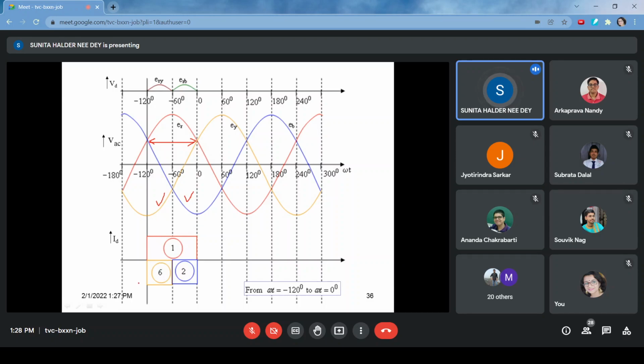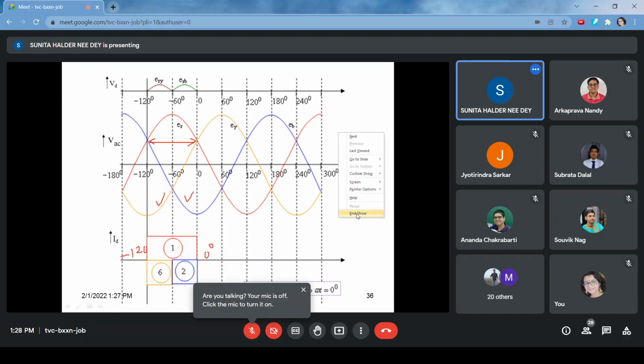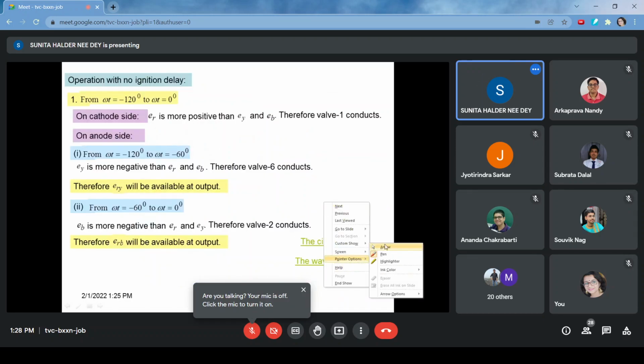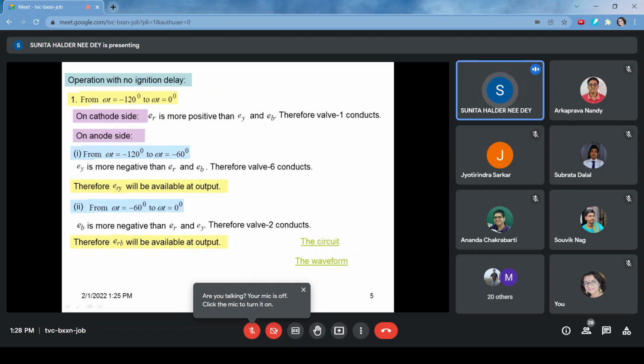So from minus 120 to minus 60, the yellow phase thyristor will operate, and from minus 60 to 0, the blue phase thyristor will operate. So for that first 120 degrees, minus 120 to 0, from the positive side, thyristor 1 will operate. On the negative side, for 60 degrees, Y phase will operate. For the next 60 degrees, blue phase will operate, right? So these things are written here.